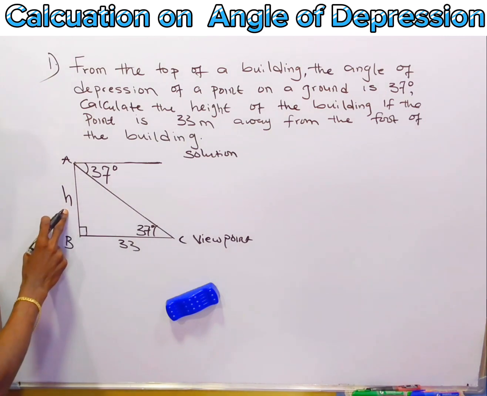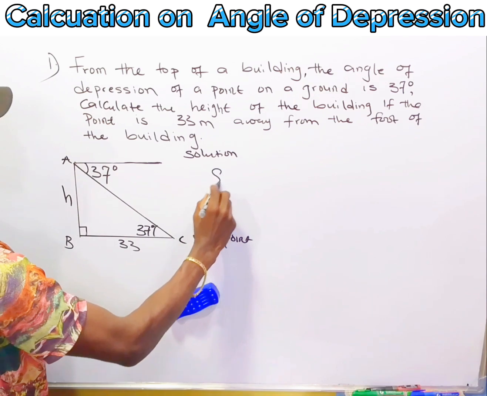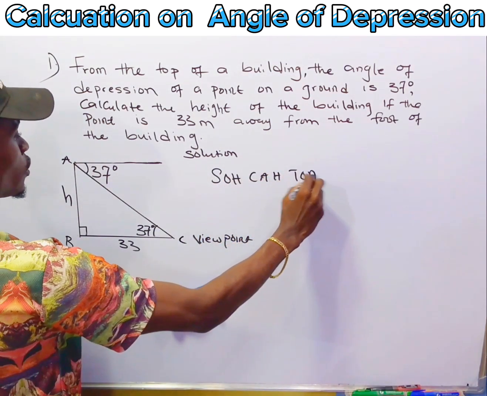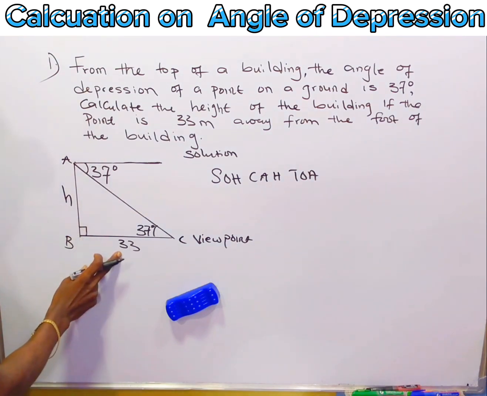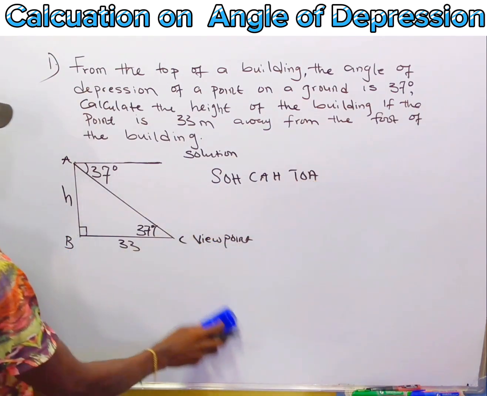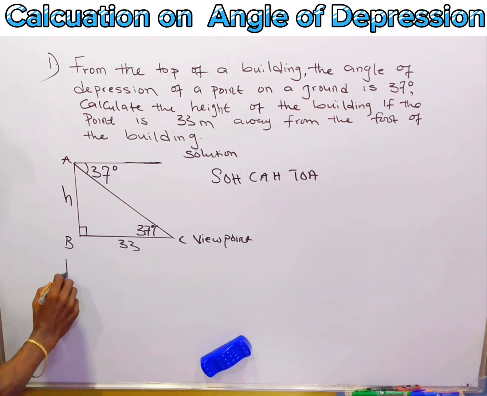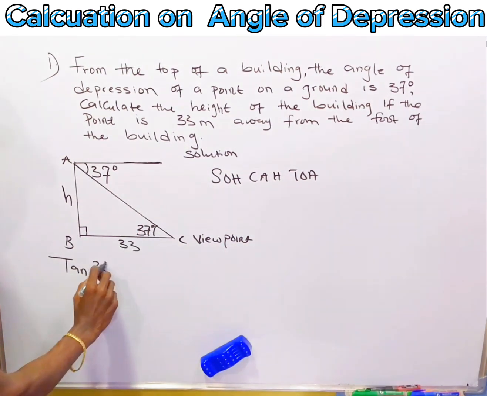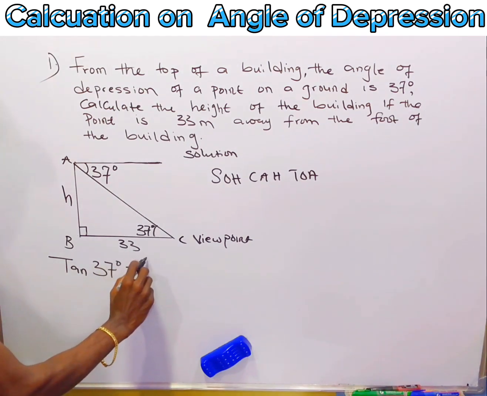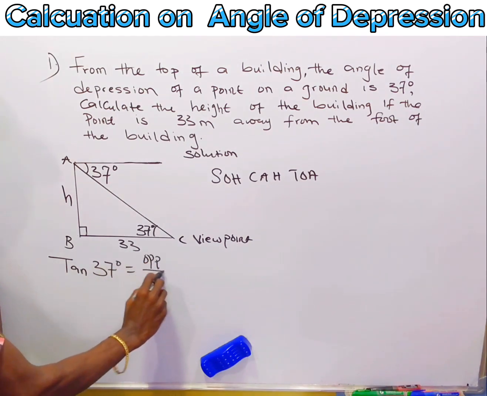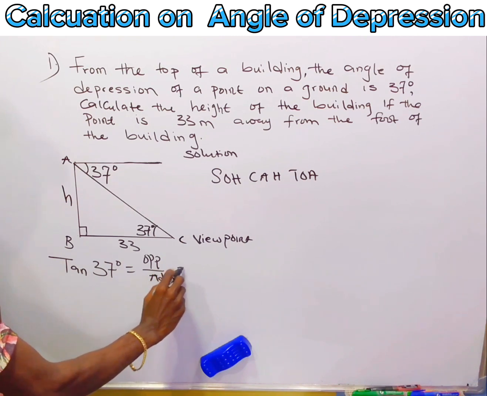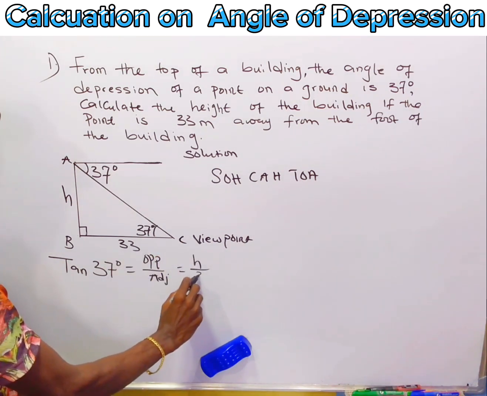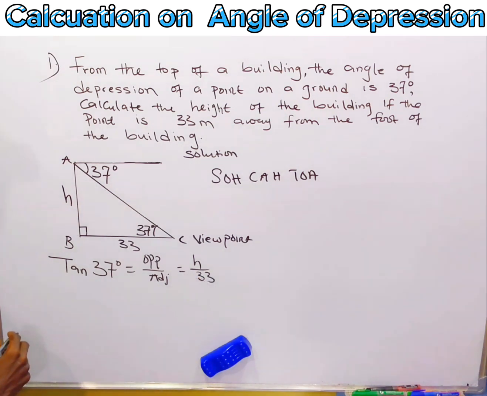We are looking for height. So using SOHCAHTOA, opposite and adjacent, which is tan A. So we say tan 37 degrees is equal to opposite over adjacent. And of course, opposite is H over adjacent is 33.